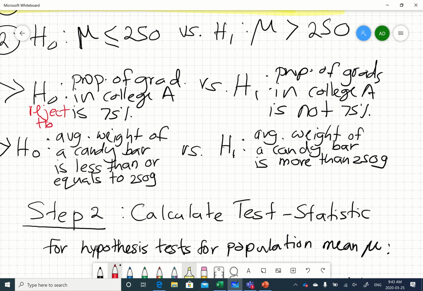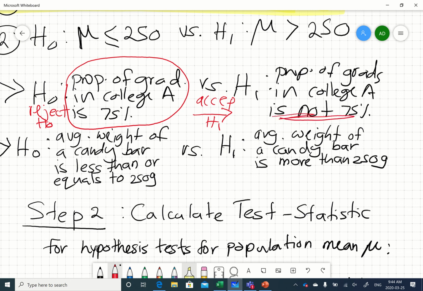Okay, that was the conclusion. So what does that mean? That means we are going to reject this statement: proportion of graduates in college A is 75%. We are going to say that this is a false statement. This is not true. So rejecting H naught means you are accepting H1. That means we don't know whether it's higher than 75% or lower than 75%, because our H1 says it is not 75%. So we are going to say the dean's claim is not valid.